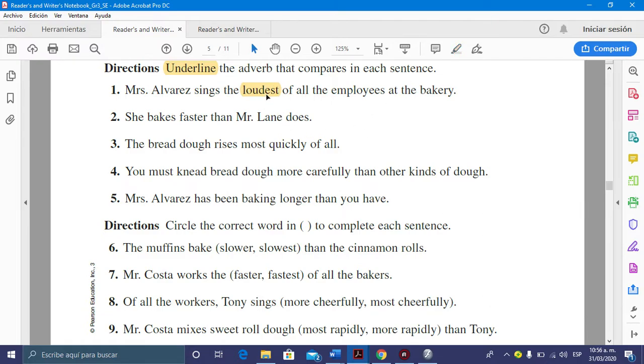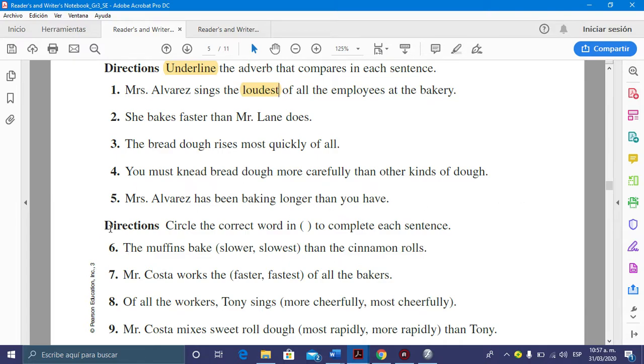Because it has est. Loudest. In number 2, you are going to do the rest of the sentences alone. Remember, you have to underline the words with est, the words with er, or the words with ly.